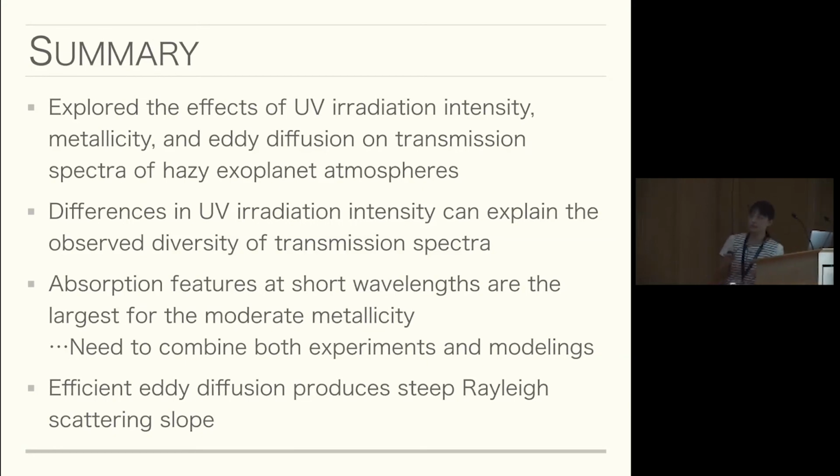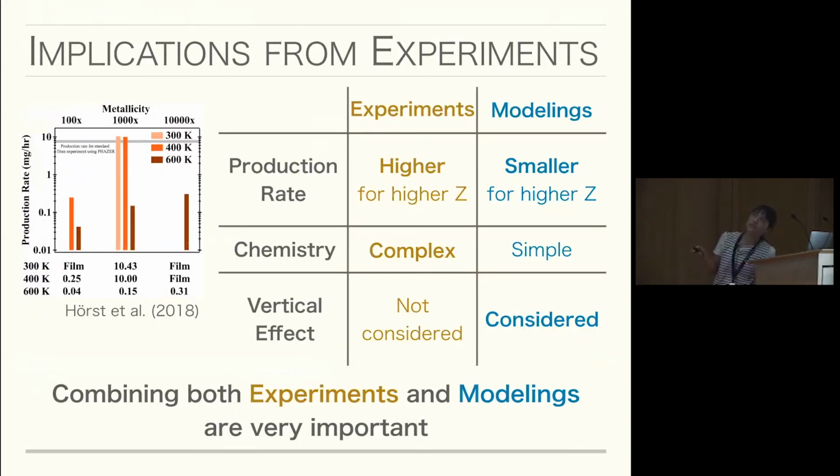I think that there are several effects responsible for the difference. First, the experiments show the production rate is higher for higher metallicity, which means the conversion efficiency from methane to final hydrocarbon haze is larger for higher metallicity.